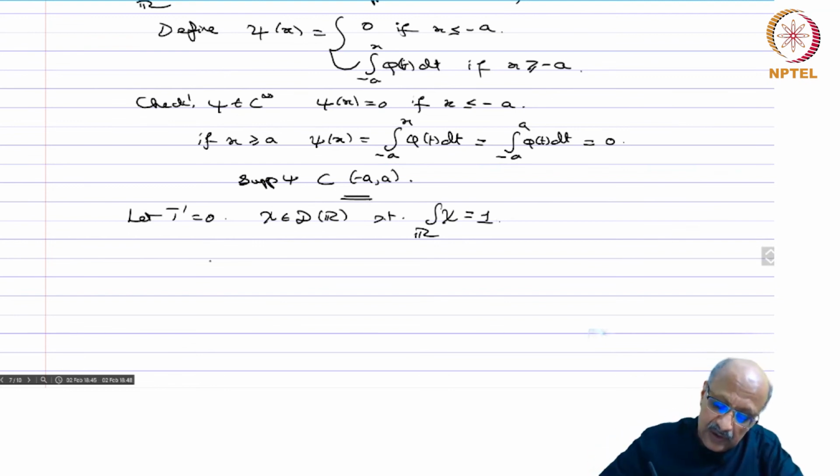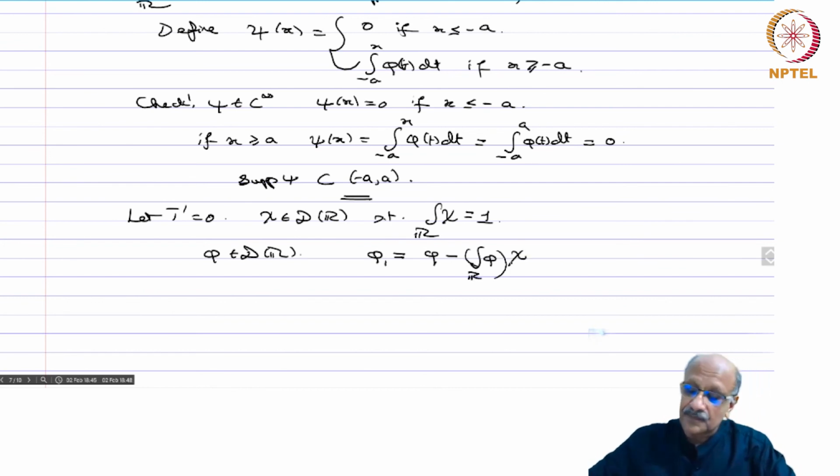Now given phi in D of R, you look at phi 1 equals phi minus the integral of phi over R times chi.